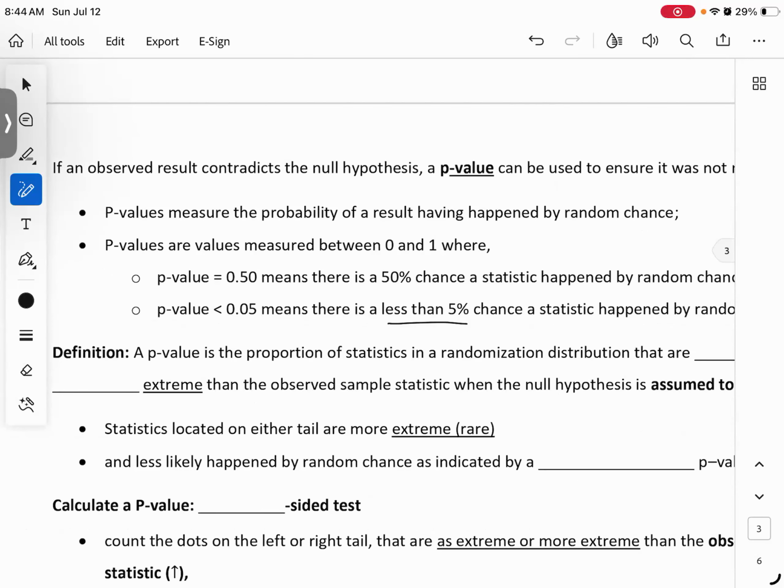That's the same thing as saying you just witnessed something, and it has less than a 5% chance that it was a fluke, which in the world of statistics is usually our starting baseline. Anything smaller than a 5% chance that it was a fluke is pretty good. There's a pretty good chance that if you were to do the study again and again, you're going to see that result happening again and again, more often than not.